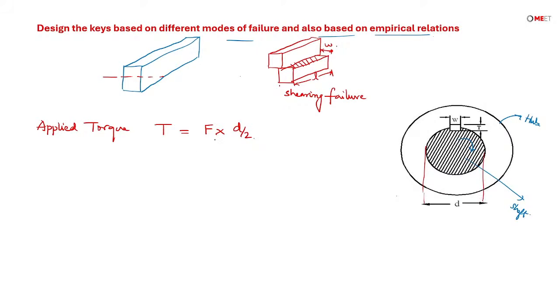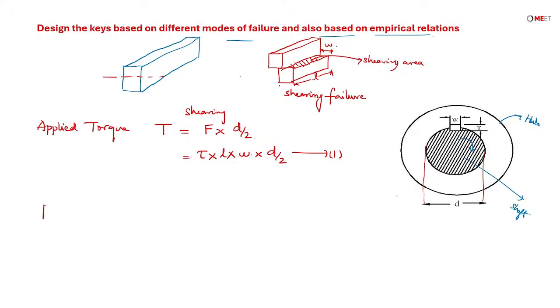Force here is expressed as shear stress into shear area. The shear area is L into W. So T equals tau into L into W into D by 2. This is for shearing. Let's say this is equation 1.